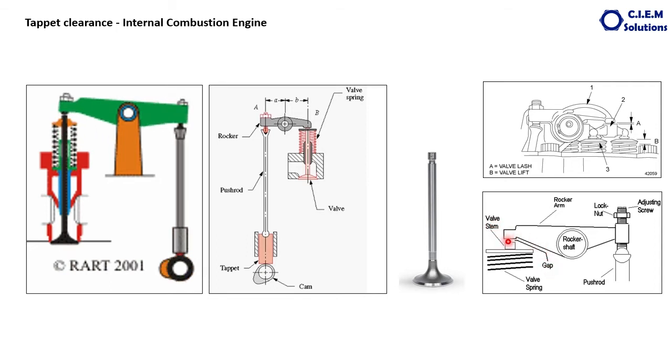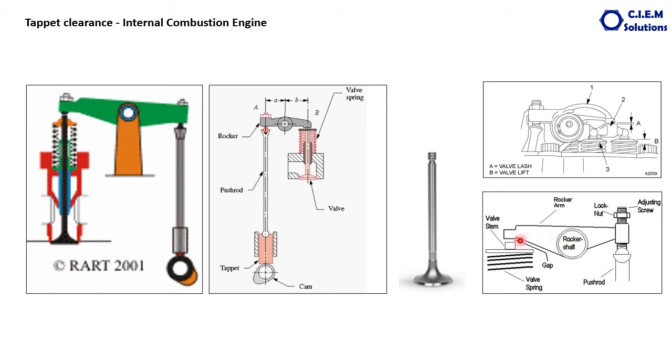This gap needs to be maintained, and how much gap is to be maintained will be determined by the engine manufacturer, considering so many factors: the thickness or diameter of the stem, length of the stem, number of valves on each cylinder, power of the engine, etc. So this gap is to be maintained.